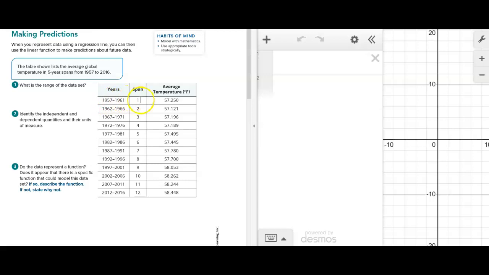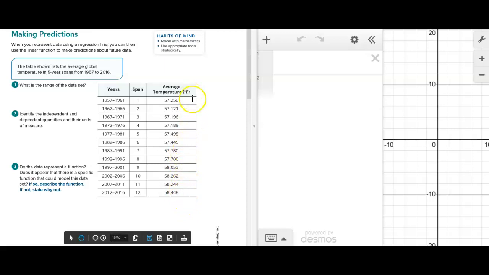So span 1 is from 1957 to 1961. Span 2 is from 1962 to 1966, on and on to span 12, which covers the time period from 2012 to 2016. And then for each of the 4-year spans, here's the average temperature in degrees Fahrenheit.